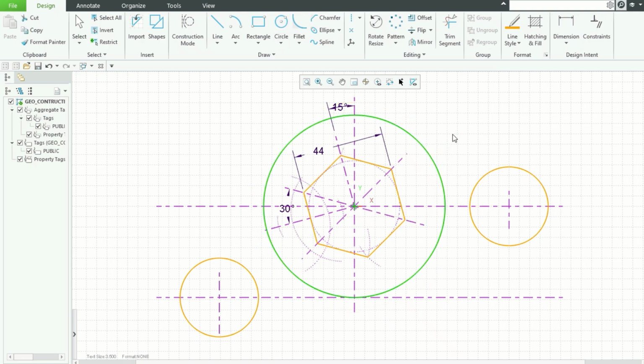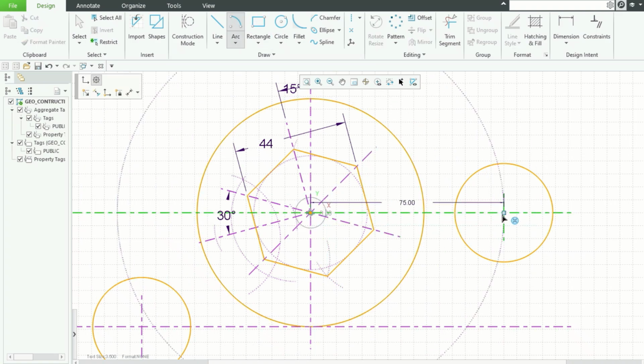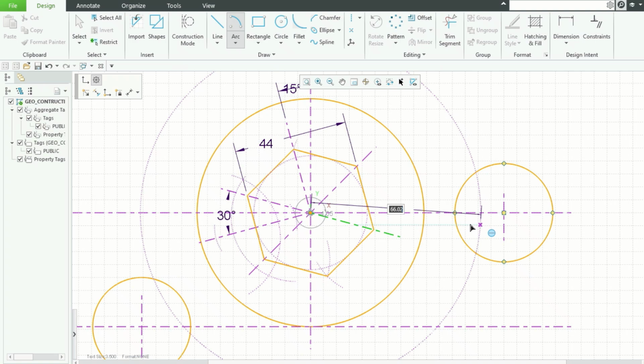Let's keep it here. Now we have to draw the tangents. To draw the tangent, we have to bisect this line. We have to find out the center point, midpoint of this line. So let's keep it 62.